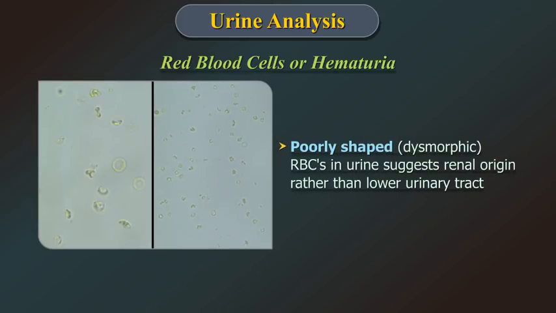Dysmorphic RBCs or poorly shaped RBCs in urine suggest renal origin rather than the lower urinary tract.